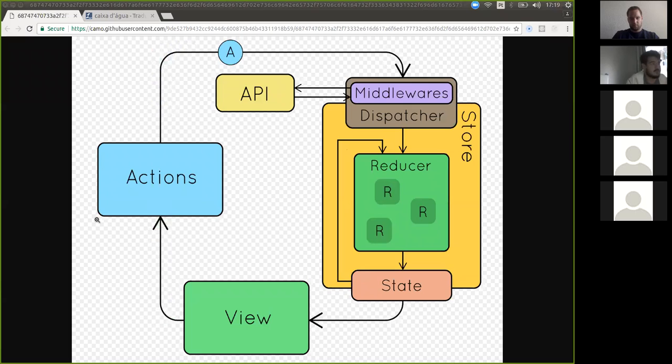Everything in the GIF is a square, just the information is not a square. But you can see we have a square for action, a square for view where we call the components or the containers, a square for state, and a square for the reducers.